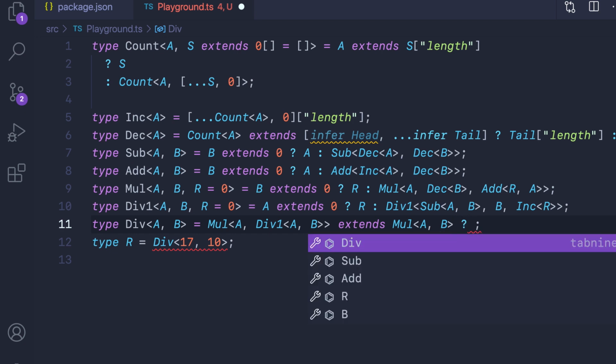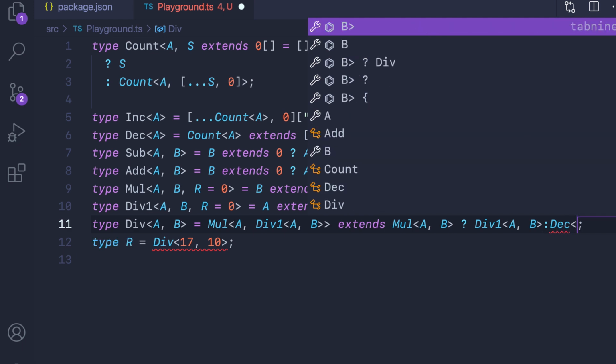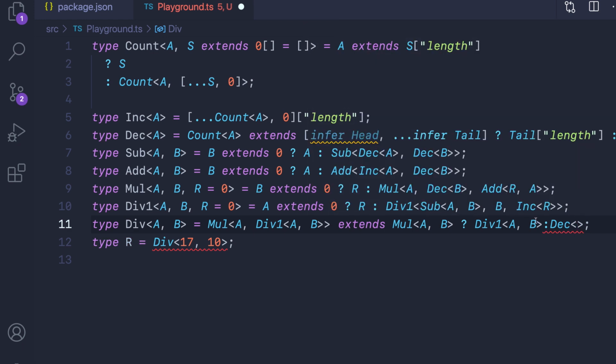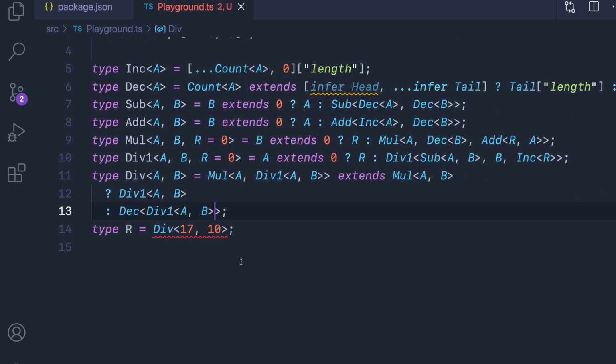And if the remaining is 0, we can return the result. If not, we decrement by 1. Okay, that makes sense. So it's going to be important to be able to get the modulo. I was just thinking, what if the remainder is never 0? But if we always go into a routine where we subtract 1 by 1, then at least for integers, it sounds possible. Multiplication, so it's by B here.